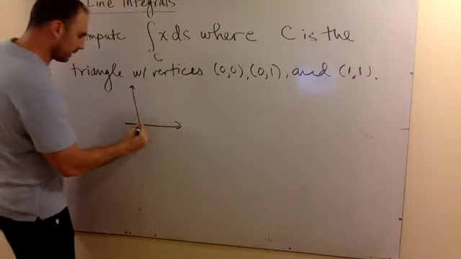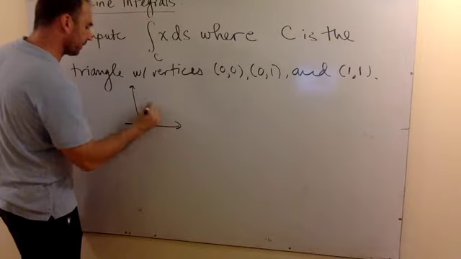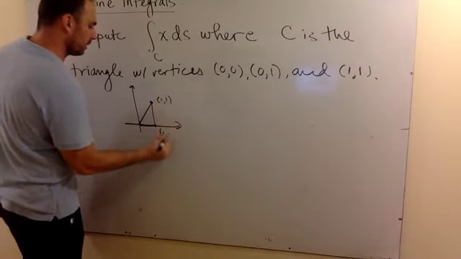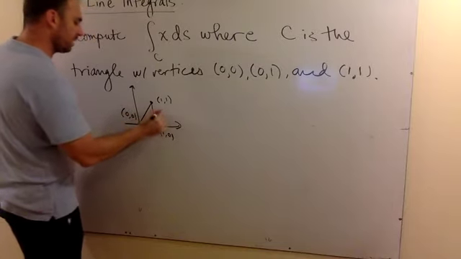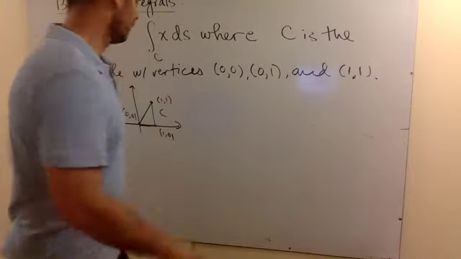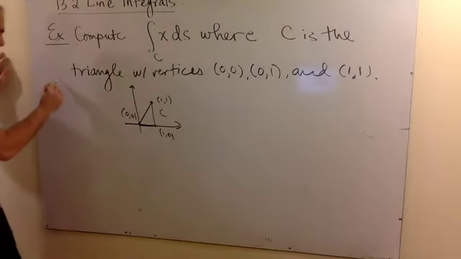So here's C, and this makes a little bit better picture, actually. This is one that we can actually draw, see what's going on. So I would say C splits up into 3 pieces.